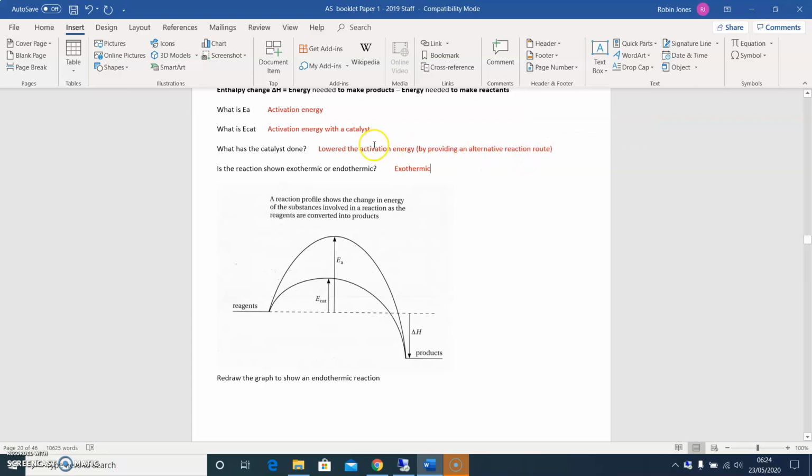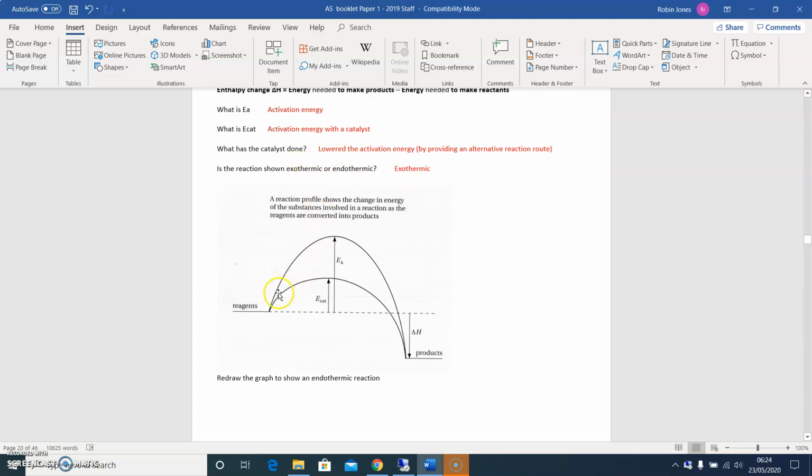So a catalyst lowers the activation energy, that's the minimum amount of energy needed for a reaction to occur, and it provides an alternative reaction route, a different way for the particles to come together. It may be something like a metal catalyst combining the particles on the surface to bring them closer together and help them to collide and react with sufficient energy.